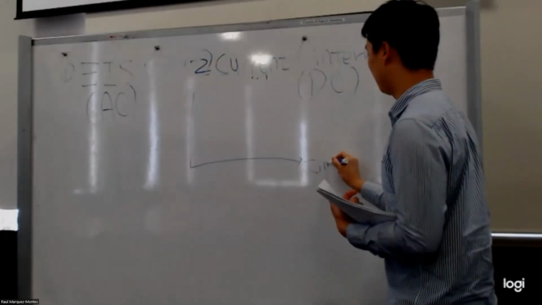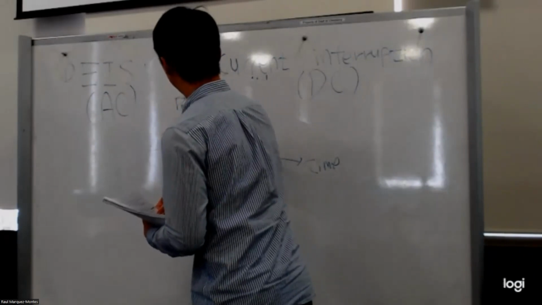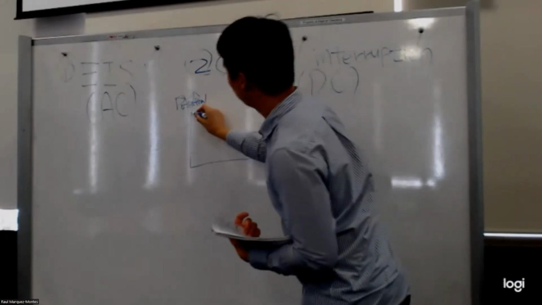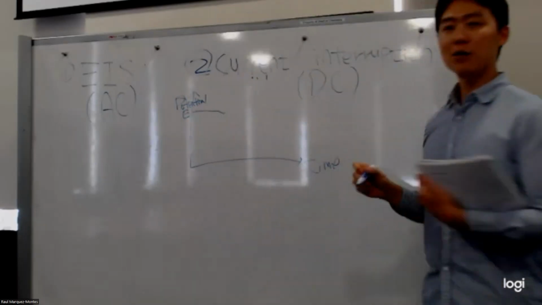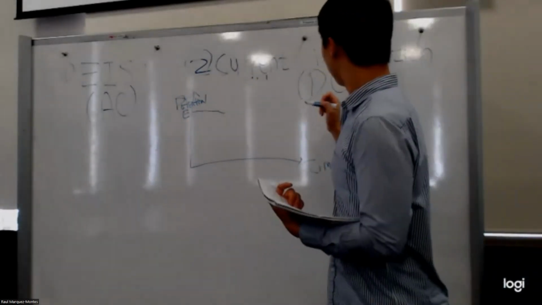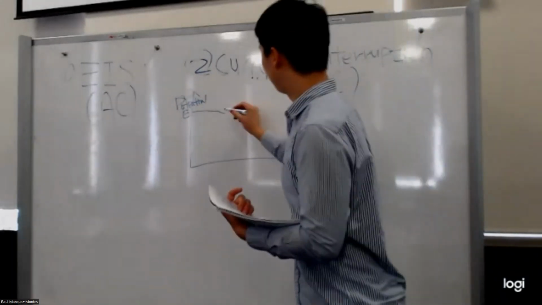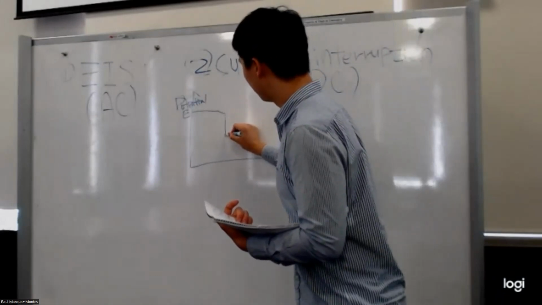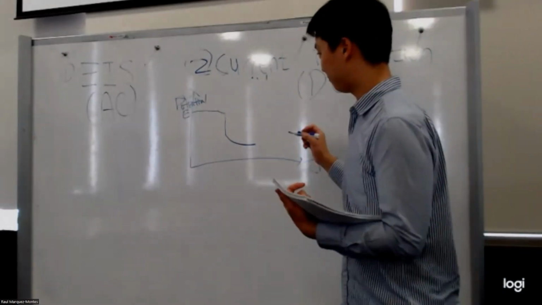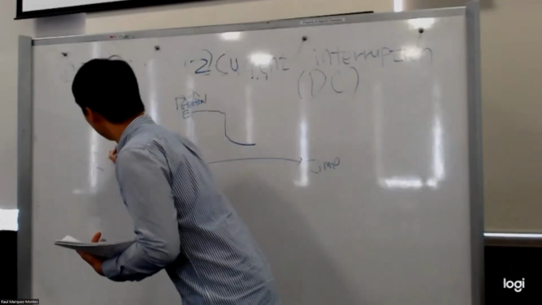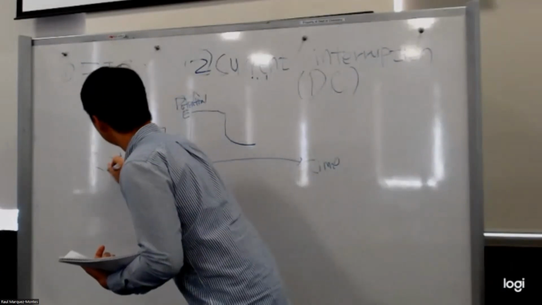Time is on the x-axis and potential on the y-axis. We are doing some electrolysis at a certain potential here, and all of a sudden we interrupt the current and set it to 0, setting the potential to OCP immediately. Then the potential will drop. What it means is the same as this RC circuit here.